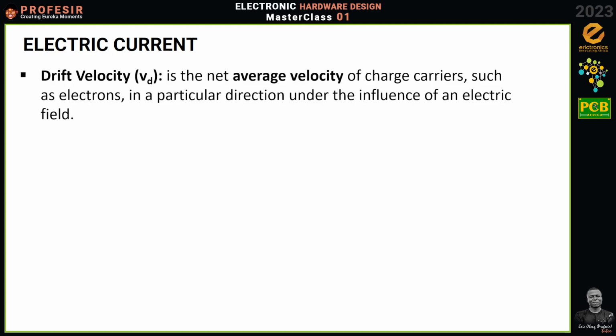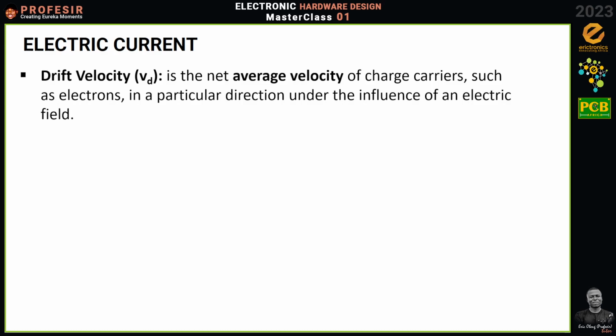This means that when we apply an electric field, that is, when we connect a circuit to a power source, the electrons tend to move. Remember we said that the electrons don't just move on their own accord, they are drifted by the field. So the speed at which they drift is what we call the drift velocity.